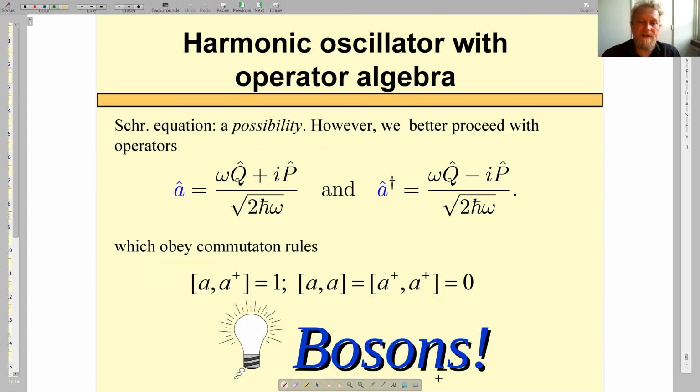Fine. So how do we do this in a concrete way? Well, as I said, writing a Schrödinger equation for this system is a possibility. However, it's a rather complex possibility.